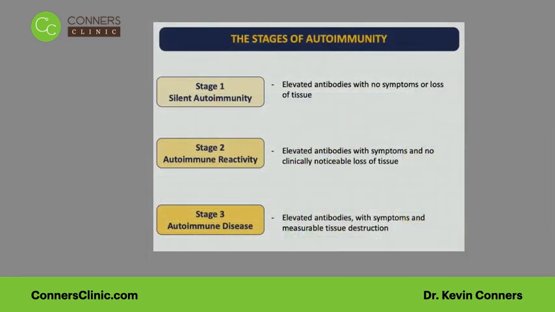So learning the stages of autoimmunity is important. Learning what tissues you have antibodies to, if you do, is important. And then we're going to get into some videos on how to calm that down and use some different tools to help calm it down. Doing other tests, I like the Cyrex tests, and you'll find out why as I go through Cyrex 10 and why it's really important to measure food antibodies.